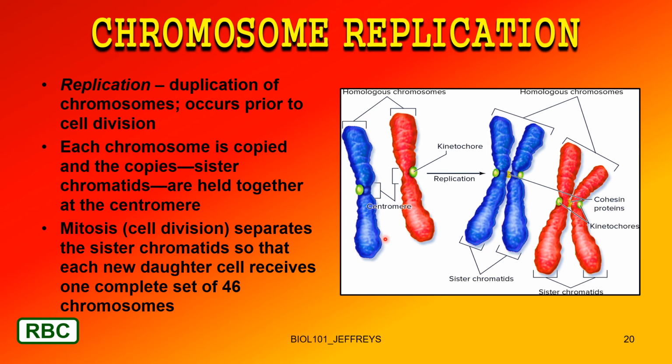This will make more sense, I think, when you see the actual process, because at one point in the cell's history, we have 96 chromosomes, 92 chromosomes, way more than the 46, right? So when the chromatids are connected together, and by the way, these sister chromatids are genetically identical, right?